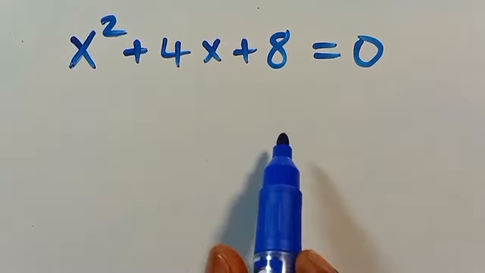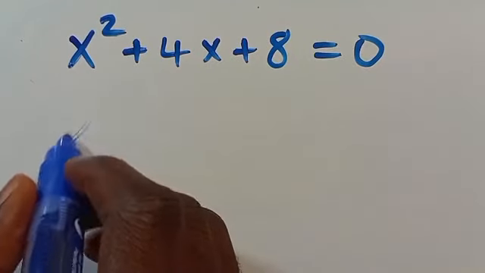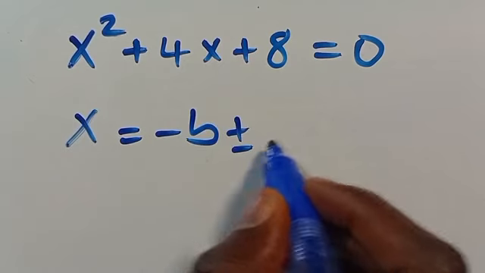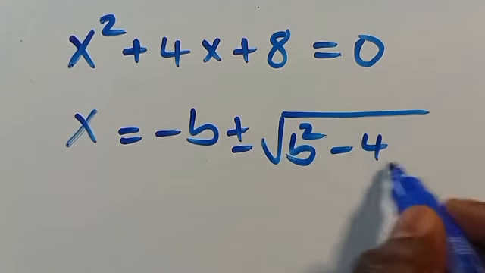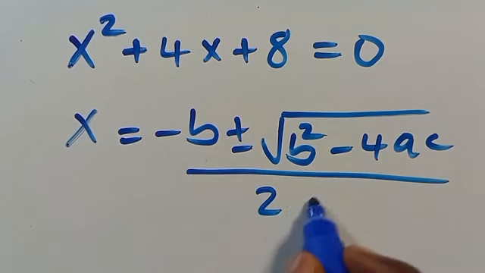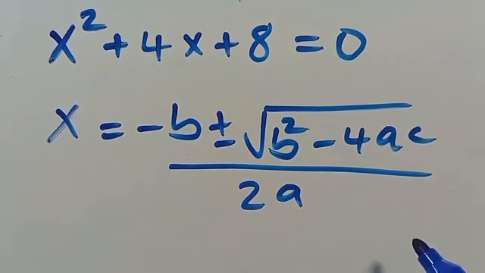So from here, when we apply x equals minus b, positive or negative, roots of b squared minus 4ac divided by 2a, that is our quadratic formula.